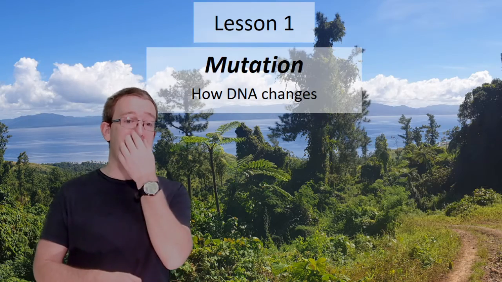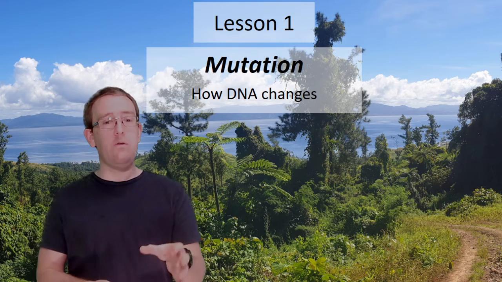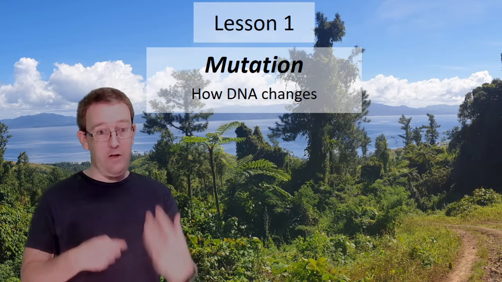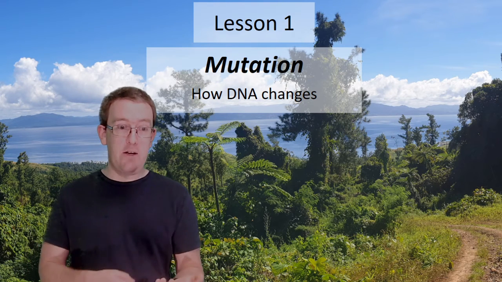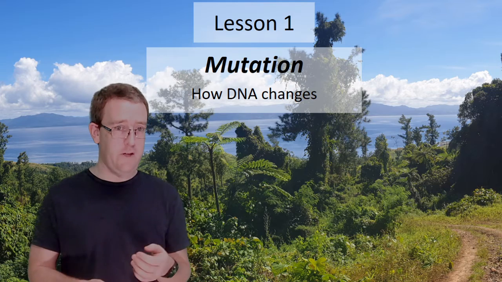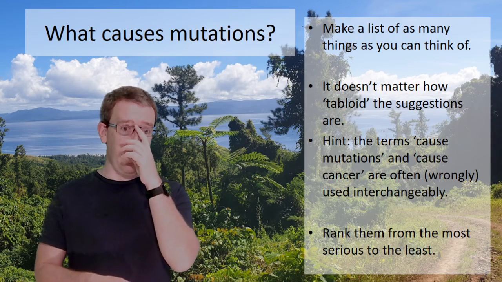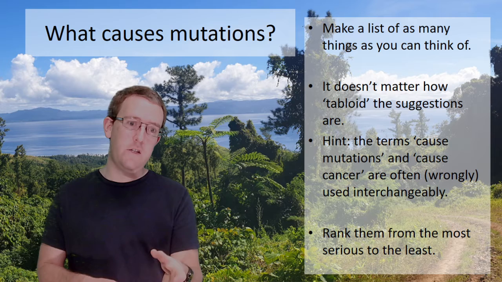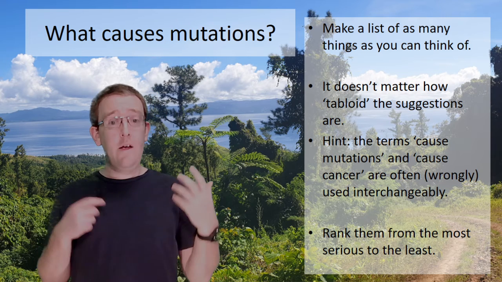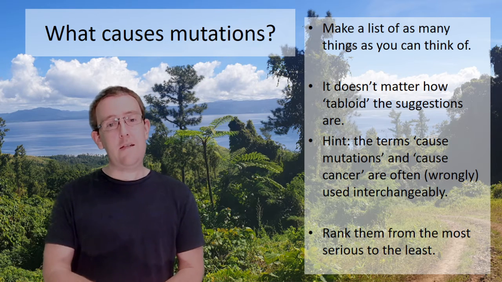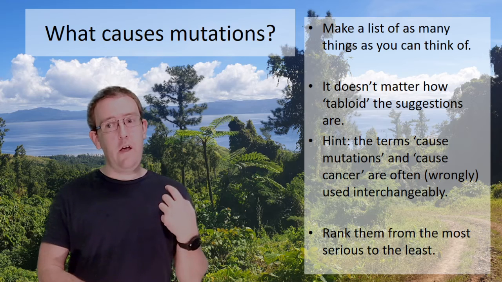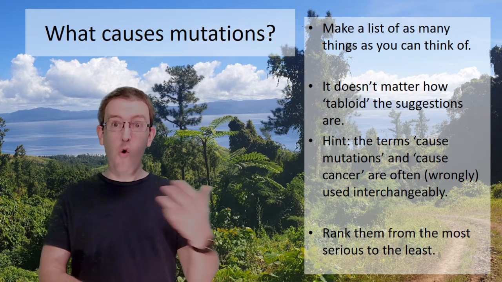So our first lesson today is on mutation. So how DNA changes over time, how we generate new alleles that then become new proteins and various other things. Okay, so what I want you to do first, because I imagine mutation is a fairly loaded term and you already know a little bit about it, is make a list of as many things as you can that involve the word mutation, or that cause mutation.